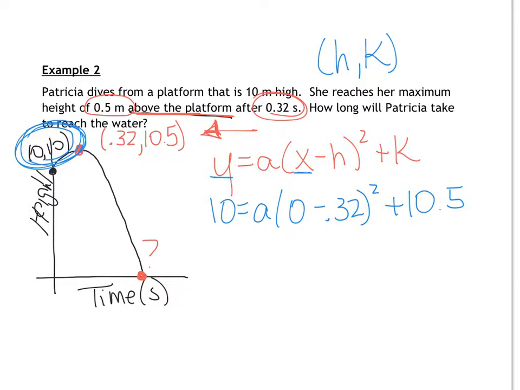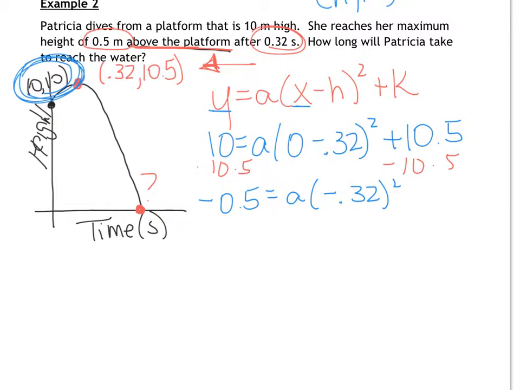So to start solving this, I'm going to subtract 10.5 from both sides. And we're going to get negative 0.5 equals A times negative 0.32 squared.